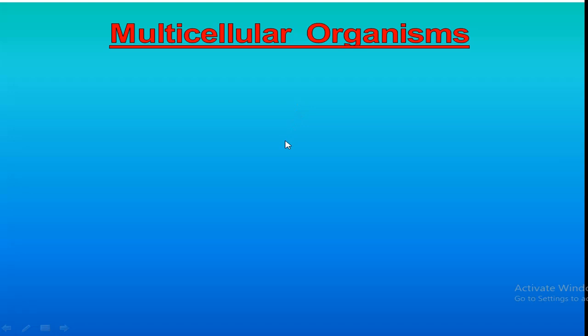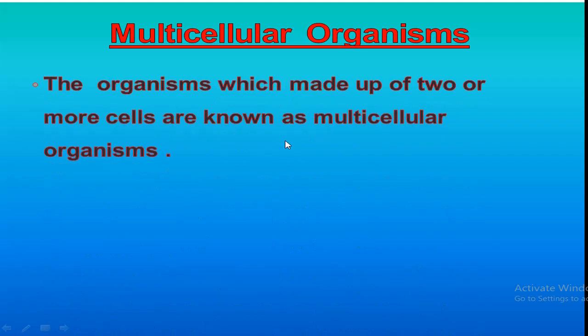What is the multicellular organism? The multicellular organism means the organism which is made up of 2 or more cells. An organism composed of a single cell is a unicellular organism, but some organisms are composed of 2 or more cells.